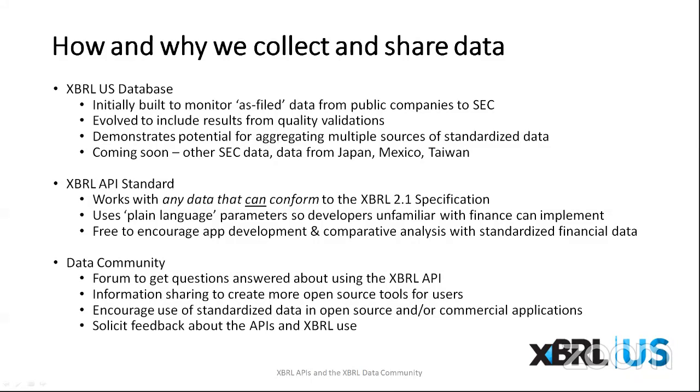But as we obtained more data and started analyzing, we found patterns related to various issues in the filings. So we developed a set of rules that we called the consistency checks or validations and used them to identify issues in the filings and store them in the database. In the API, that's referred to as assertions.